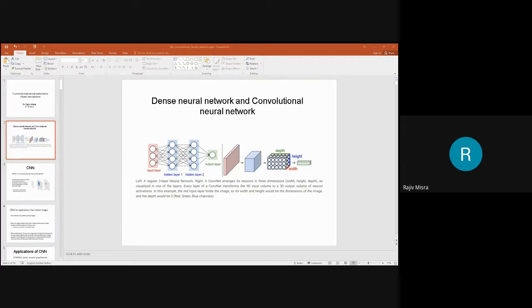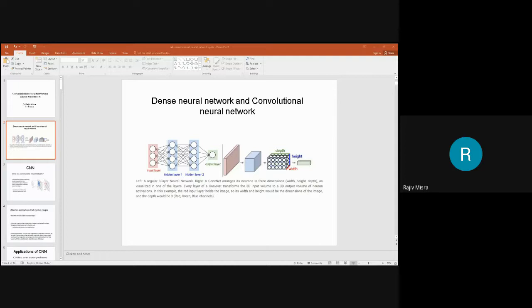Similarly, there is another data set called CIFAR, and this has 60,000 32 by 32 color images in 10 different classes, with 6,000 images per class, and there are 50,000 training images and 10,000 test images. So this particular data set talks about 10 different classes, such as in the previous example, the MNIST data set has 10 different digits, 0, 1, 2, 3, 4.